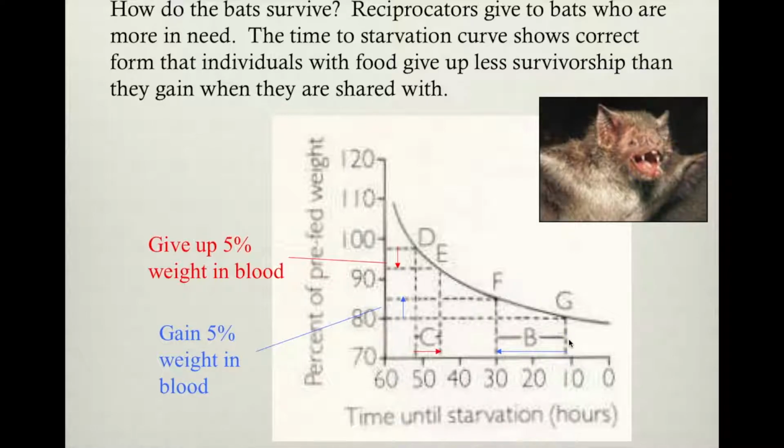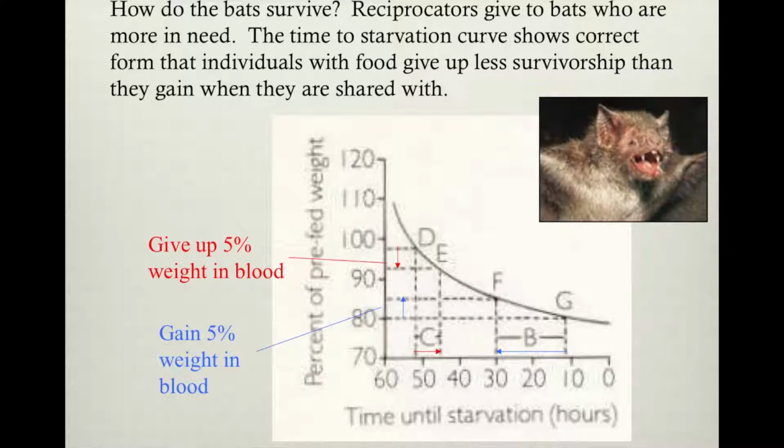So it brings them from dying during that roosting period with only 11 hours left until they starve to death, to having about 30 hours left. So they're able to weather that last roosting period and try to go out and be successful that very next nighttime feeding period.